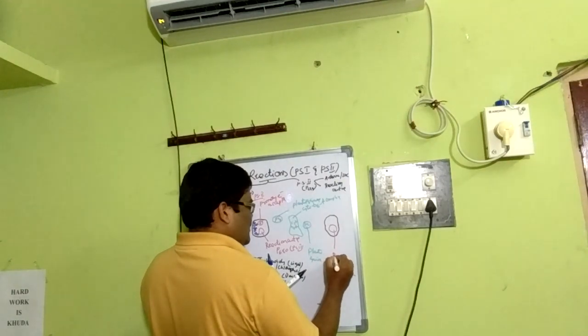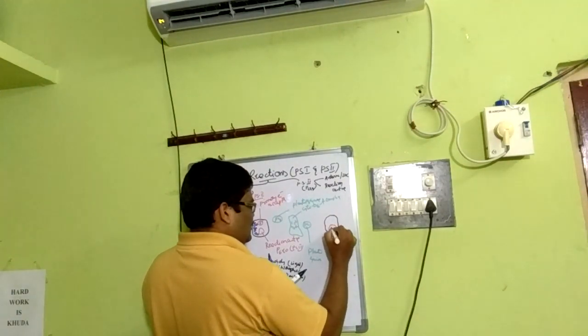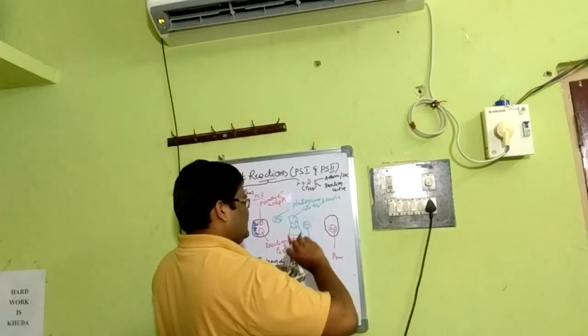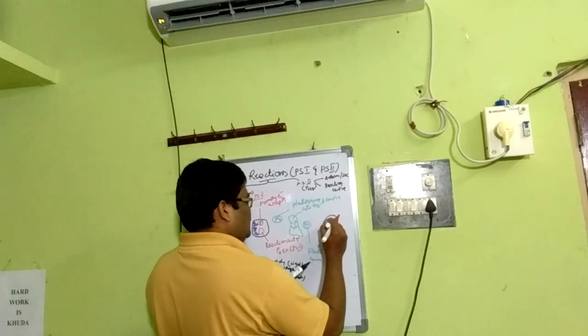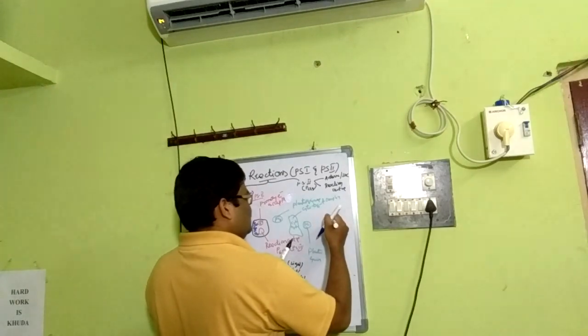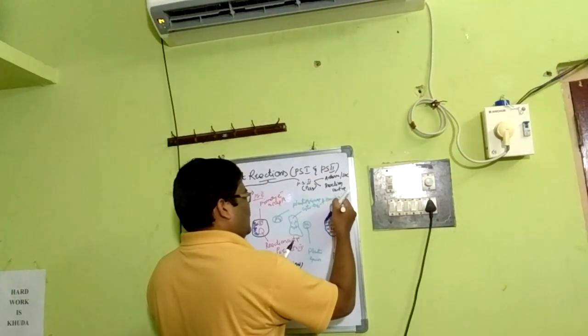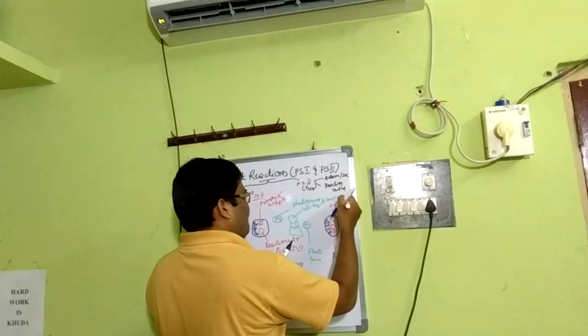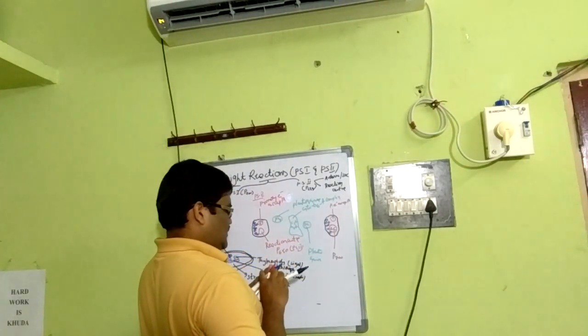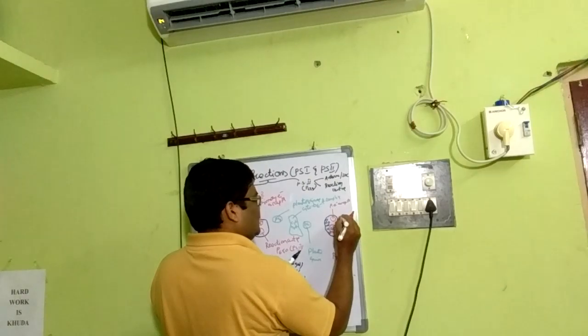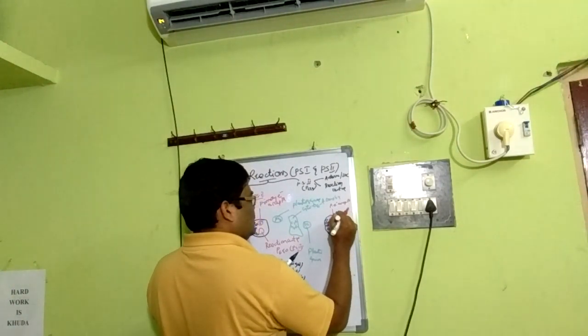It is called the P700 reaction center, and these are different auxiliary pigments. I will tell you what exactly they are. Then this is the primary electron acceptor. Then finally ferredoxin.